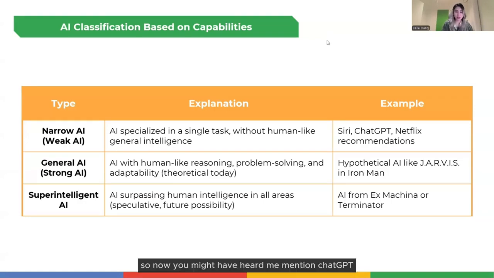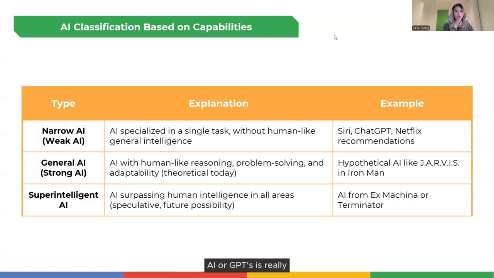So now you might have heard me mention ChatGPT or generative AI a couple of times and wonder if this is a different type of AI. However, generative AI, or GPTs, should really be understood as a specialized subset of narrow AI.